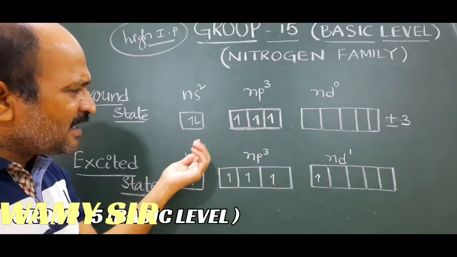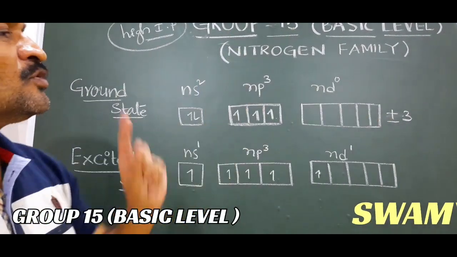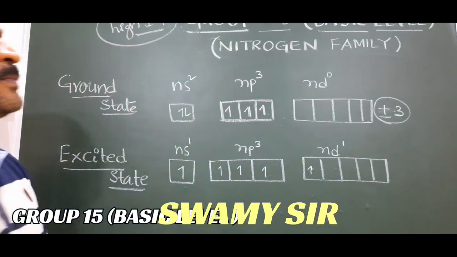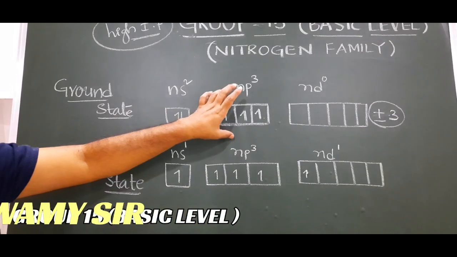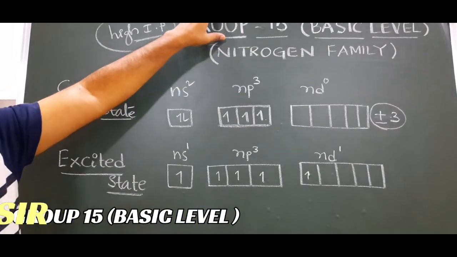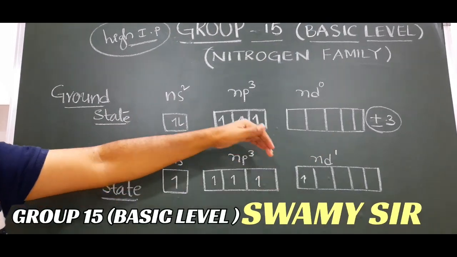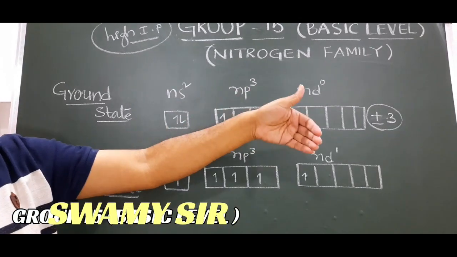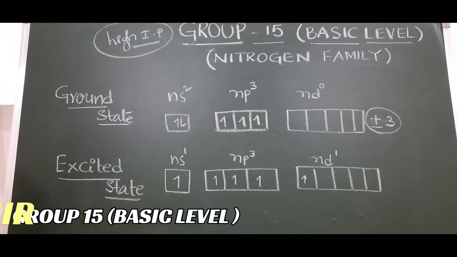If it gains 3 electrons, it gets the -3 oxidation state. Generally, +3 is possible when this group element reacts with a more electronegative atom, and it exhibits -3 when it reacts with elements whose electronegativity is less than this particular 15th group element.